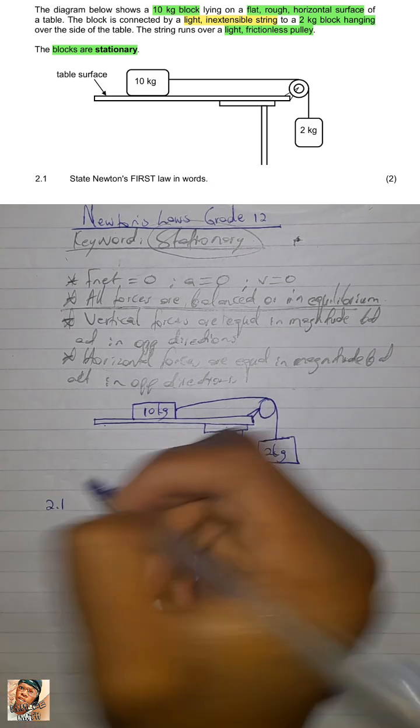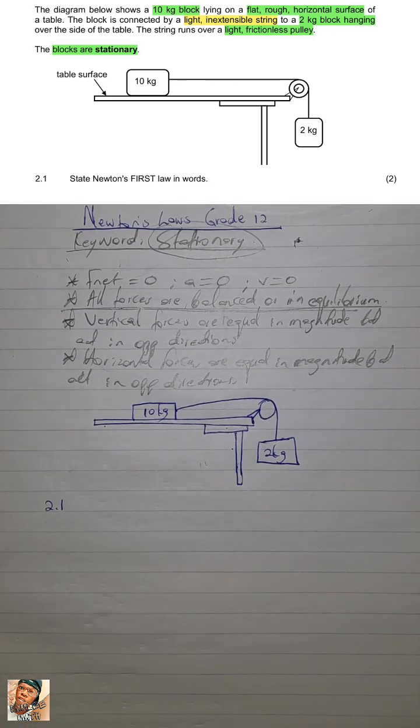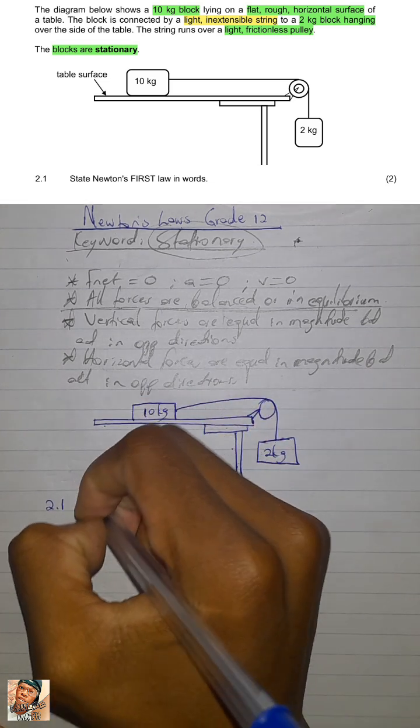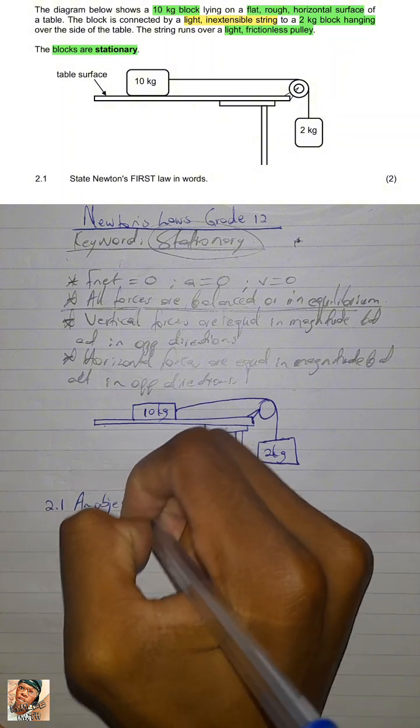So Newton's first law, 2.1, states that an object or a body will remain in a state of rest or motion at a constant velocity unless a non-zero force acts on it, or unless it is acted upon by a net force. It depends on how you understand it or how you are used to saying it, right? So let us write that down. An object, some people are used to saying a body, it doesn't matter.